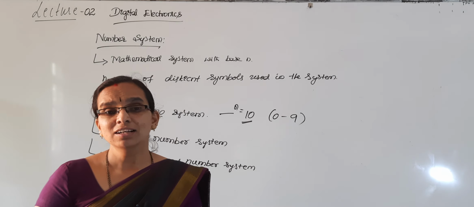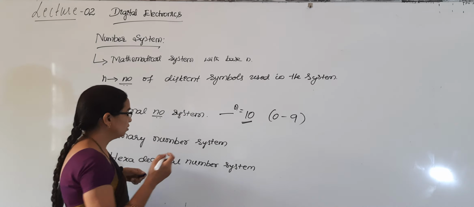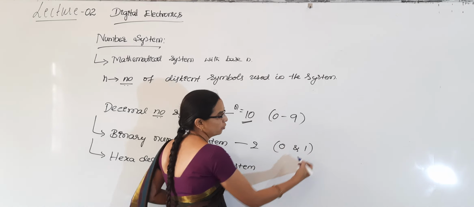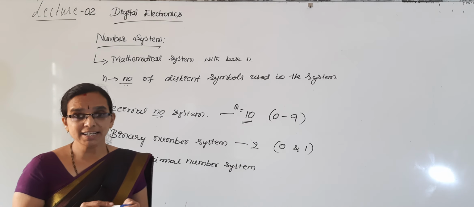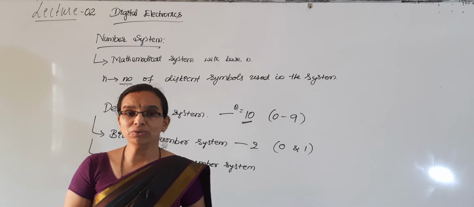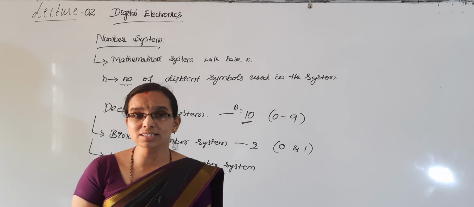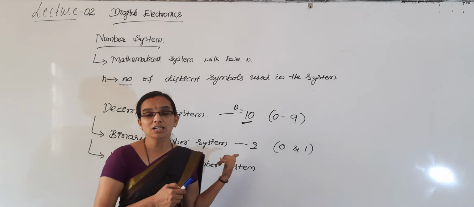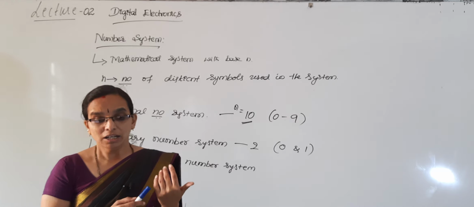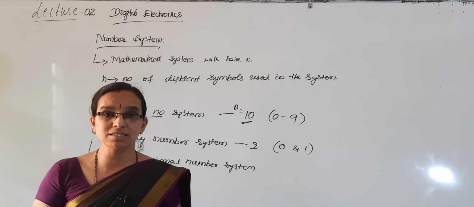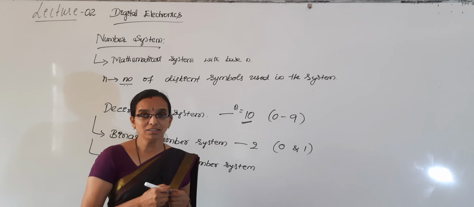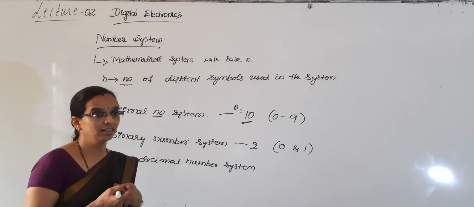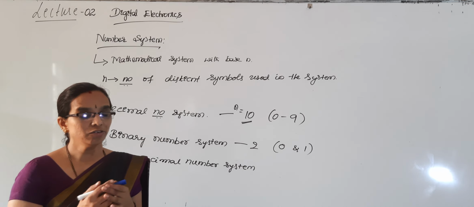On the other hand, the binary number system uses only 2 symbols, 0 and 1, so it is very easy to establish an accurate electronic circuit using it. Therefore, we need to learn different types of number systems.